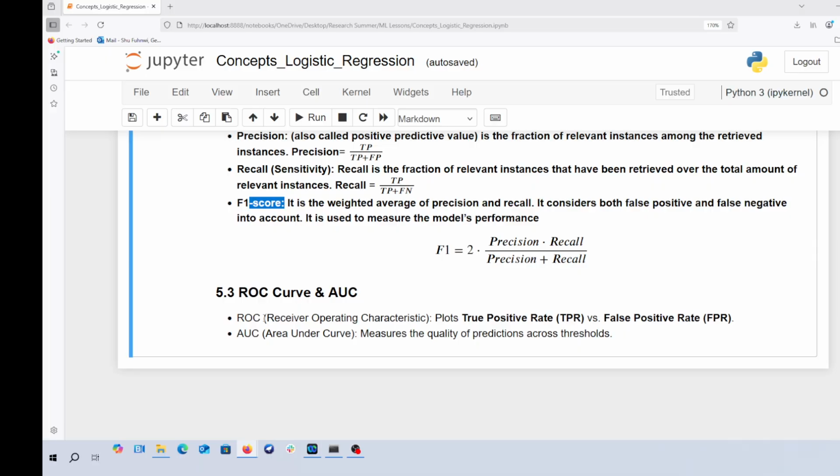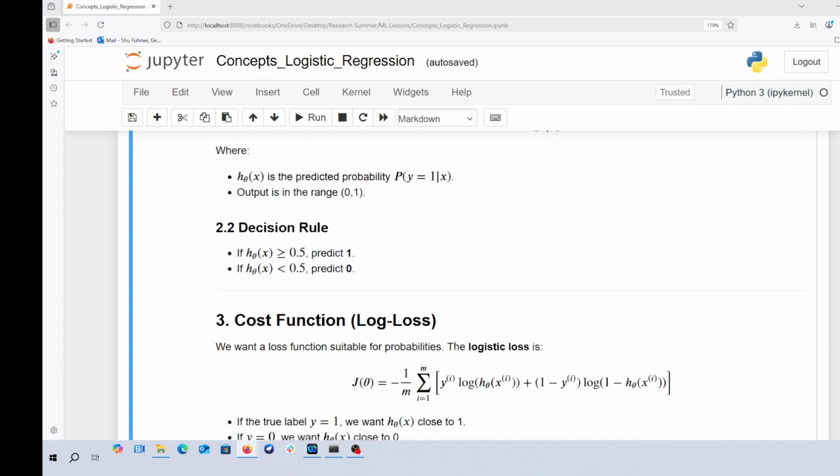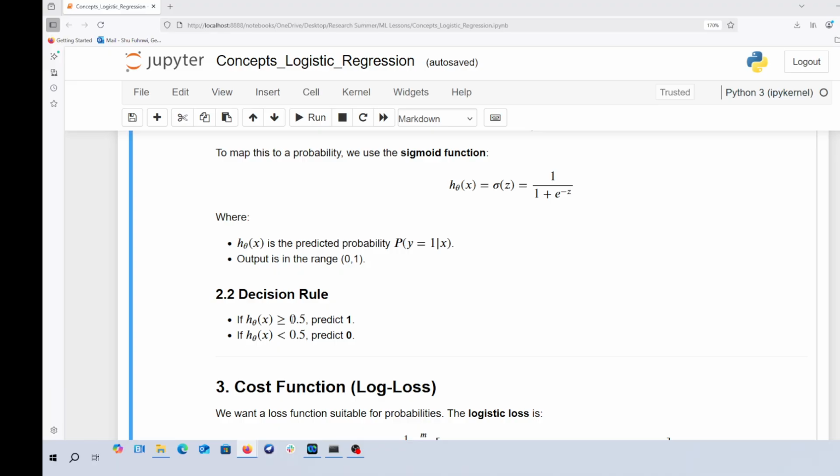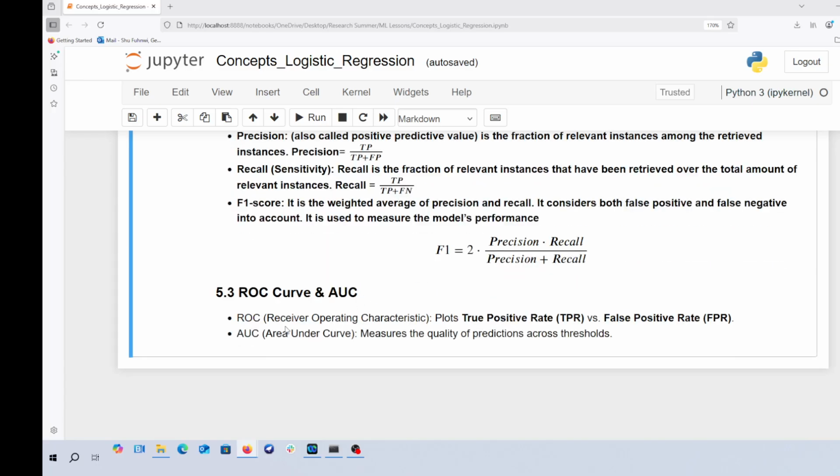Another technique that we are going to see more if we are ranking is the receiver operating characteristic curve, which plots the true positive rate versus the false positive rate. We use this a lot if we are dealing with models that are capable of predicting probabilities correctly, something like logistic regression, because we can adjust the ROC curve to adjust for the true positive rate and the false positive rate.